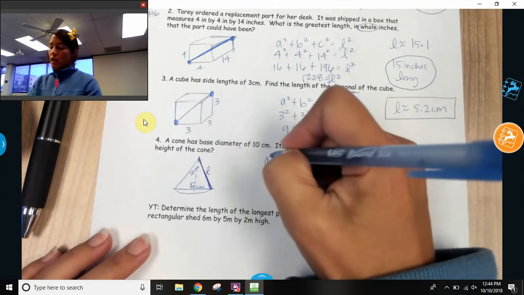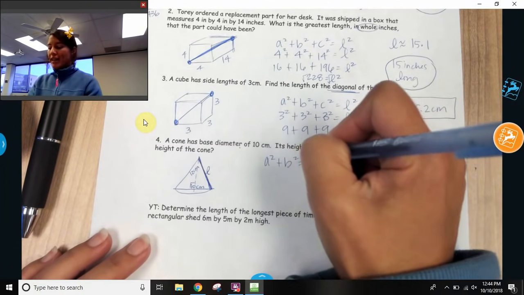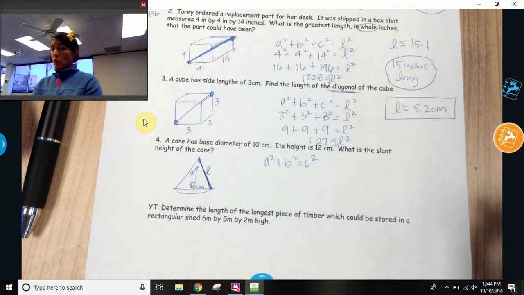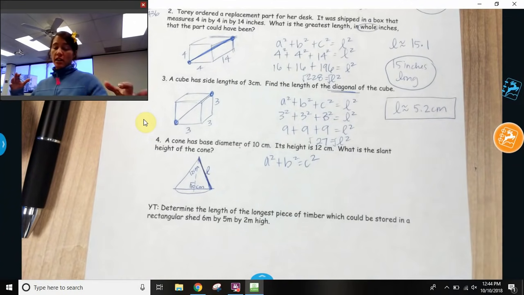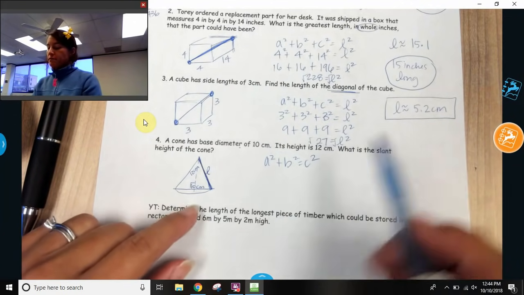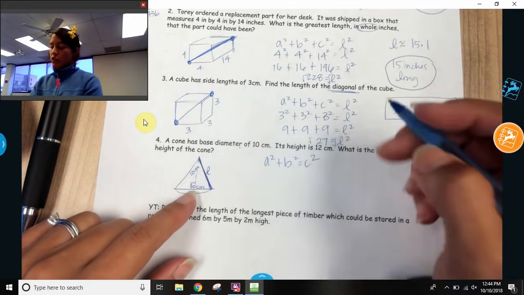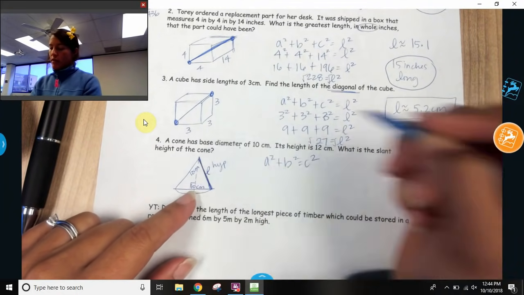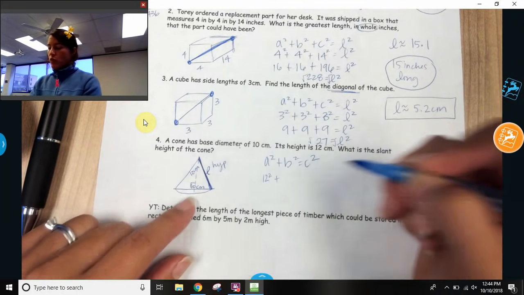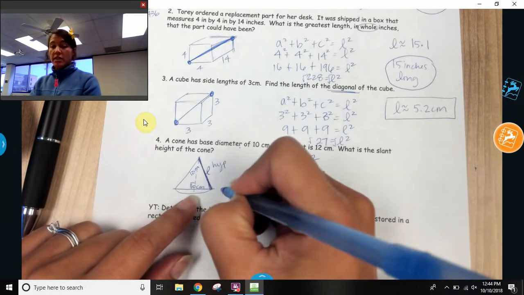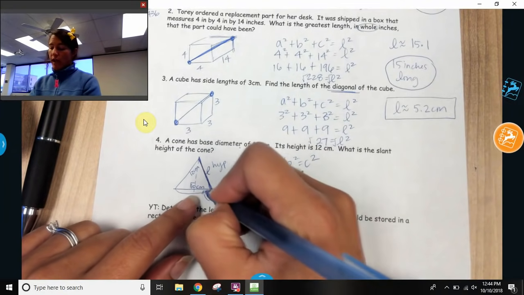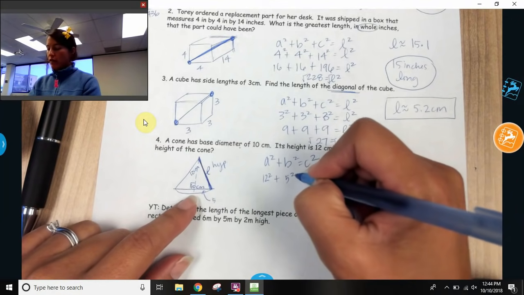So we would use the Pythagorean Theorem like normal for a cone. We're not going across any kind of dimension jump. We're looking for the slant height, which would be the hypotenuse. So I have one leg is 12, and one leg, the diameter is 10, so half of it would be 5.